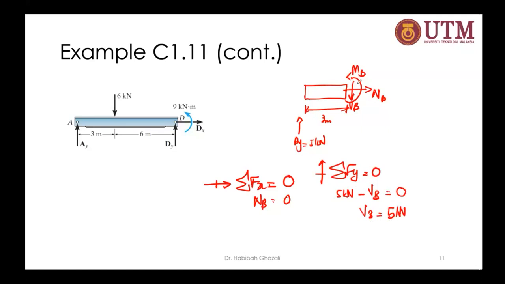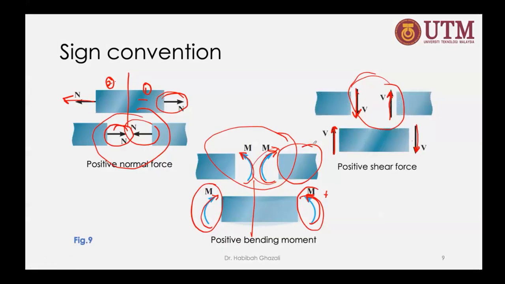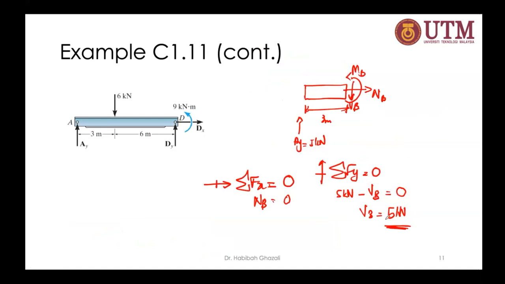You can see that it is going down, but it is 5 kilonewton, positive. As you can see here, we said for this section, going down is positive. Going up on this section, going up is positive. Normally, when it's external force, going down is negative. But with internal forces, going down, if it's the left section, is positive. So that is what that sign convention meant.